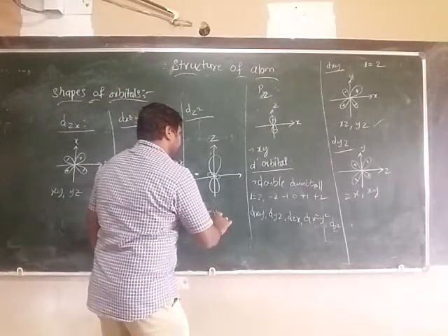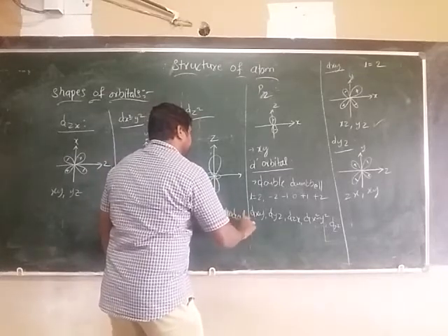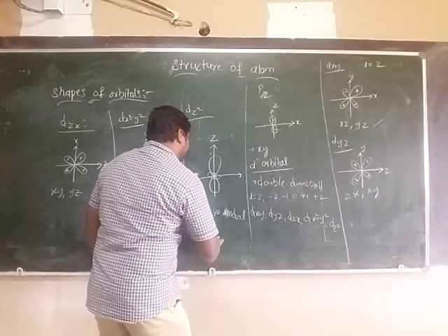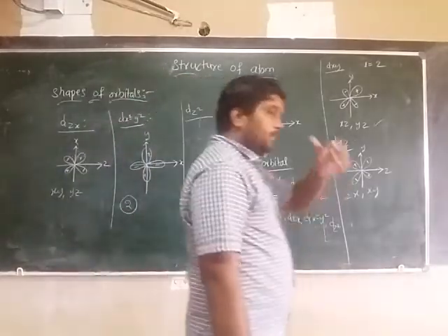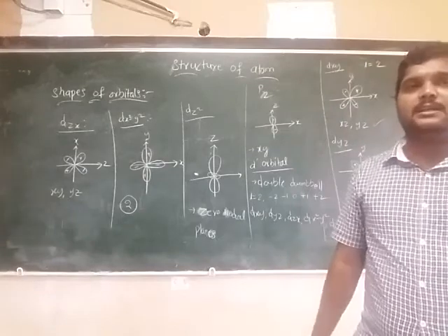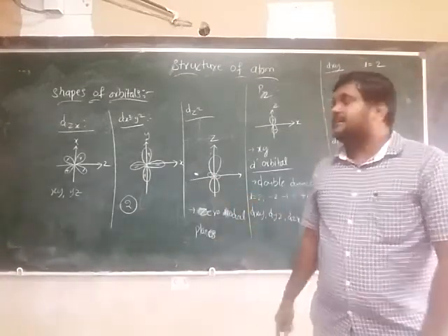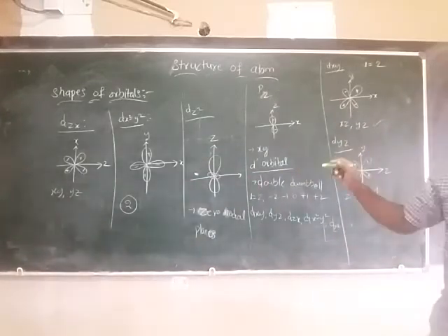Zero nodal planes. So these are the p subshell, which contains px, py, pz, and next the d orbitals, dxy, dyz, dzx, dx square minus y square, and dz square. Their shapes and nodal planes.